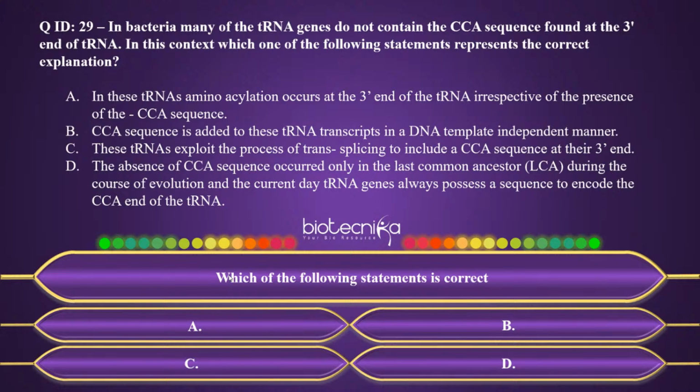Third, these tRNAs exploit the process of tRNA splicing to include a CCA sequence at their 3' end. Fourth, the absence of the CCA sequence occurred only in the last common ancestor, LCA, during the course of evolution, and the current day tRNA genes always possess a sequence to encode the CCA end of the tRNA. So which of the following options do you find correct?